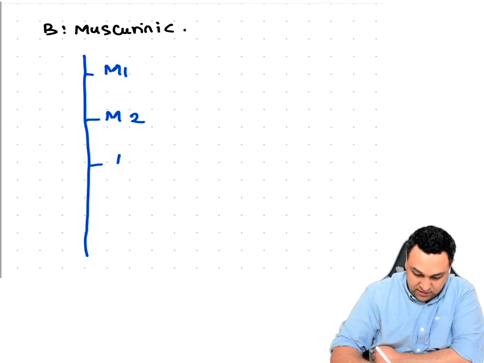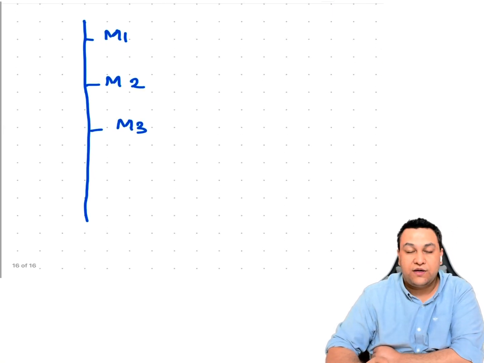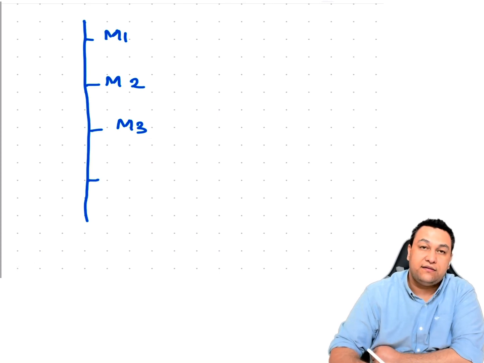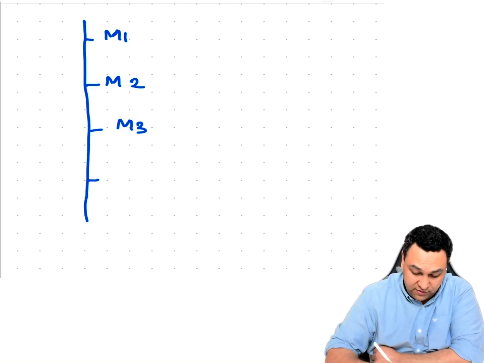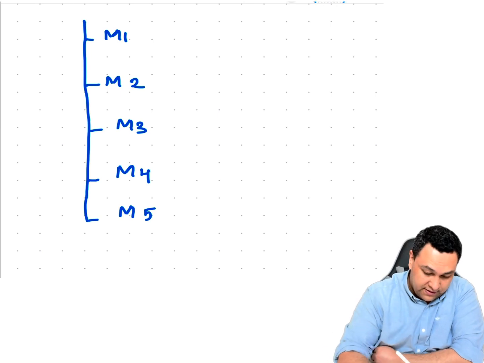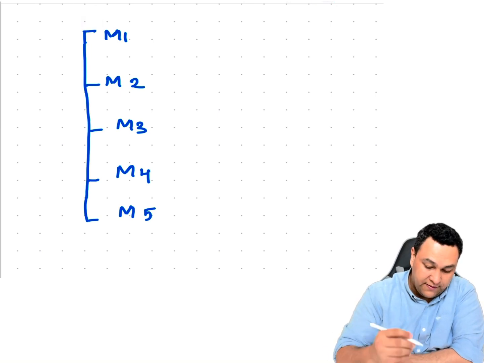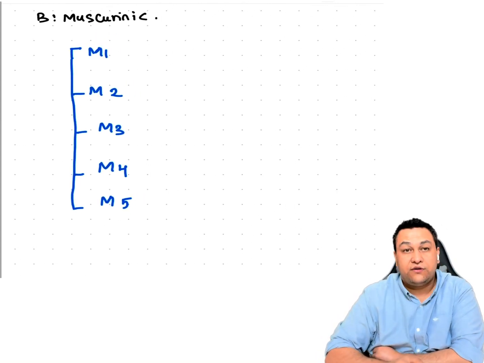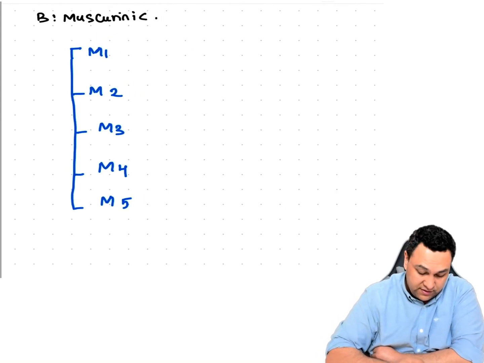The most important are M1, M2, and M3, because they can be seen in several different sections of the organism. But M4 and M5 are usually located in the central nervous system, while the remaining ones could be seen in the peripheral system as well.